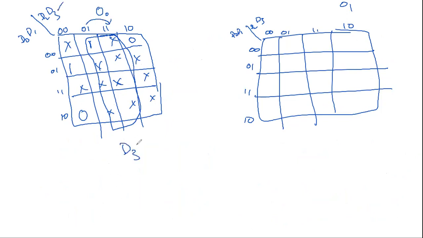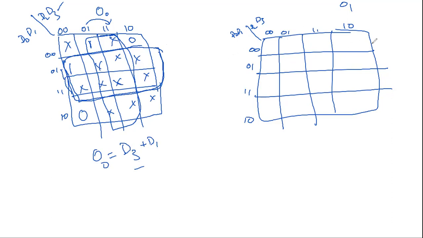And for this one the expression is D1. So the O0 expression is D3 plus D1, right? Previously, theoretically also, you get D1 plus D3 only.